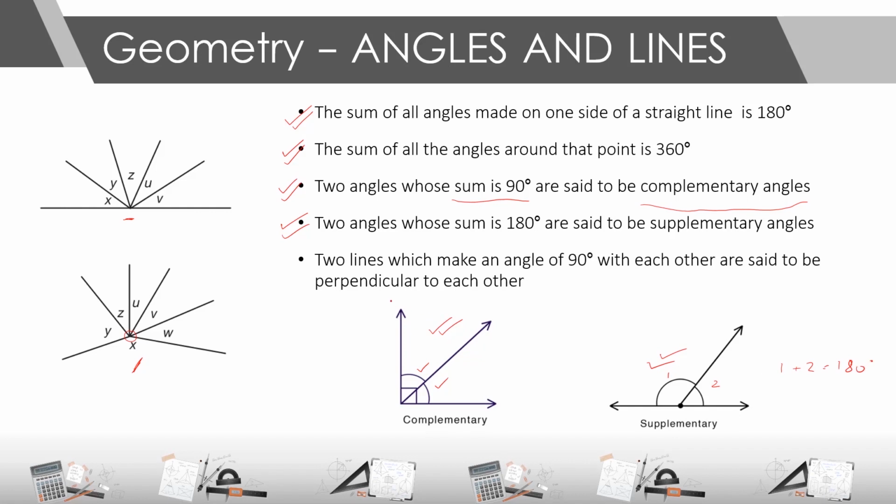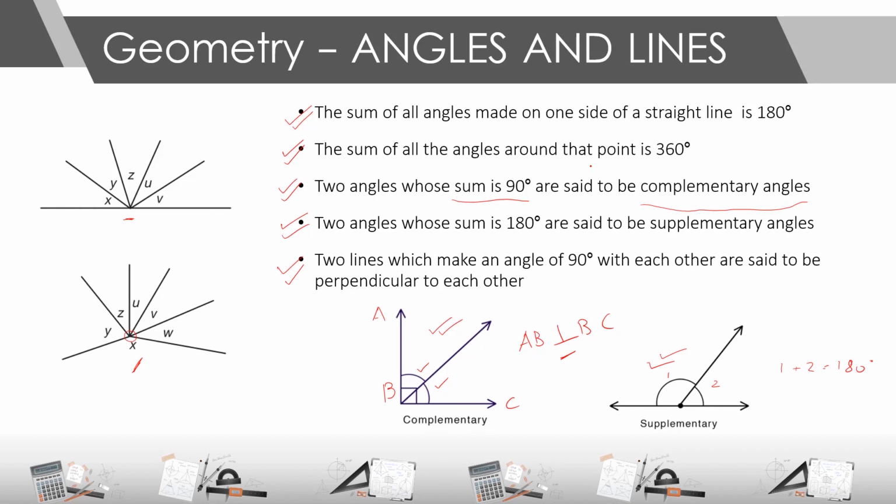Now when two lines are intersecting each other at an angle of 90 degrees, then those two lines are said to be perpendicular to each other. For example, here AB is perpendicular to BC and we denote perpendicular by this symbol. So AB is perpendicular to BC, that is, at the point B there is an angle of 90 degrees.